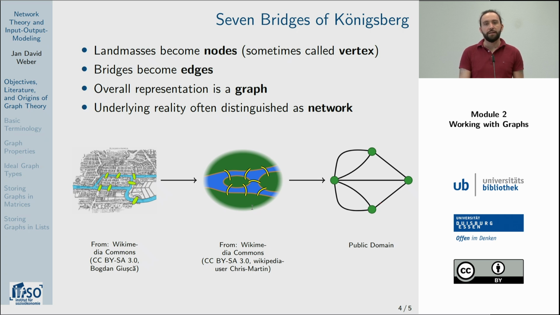Similar is here with the graph, which is the representation of the underlying network. It's simplified, it's basic, and we have this representation of the 7 bridges of Königsberg problem here on the left, which is nothing else than any kind of a 7 bridges problem, which is again nothing else than having those 4 nodes and those 7 edges connecting those nodes.